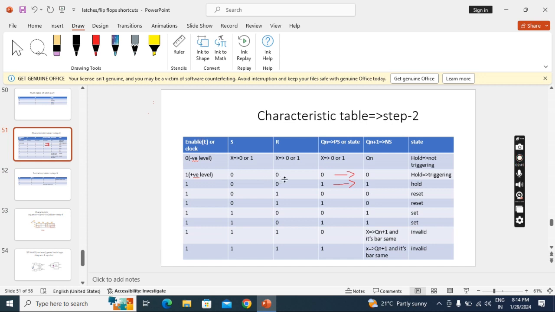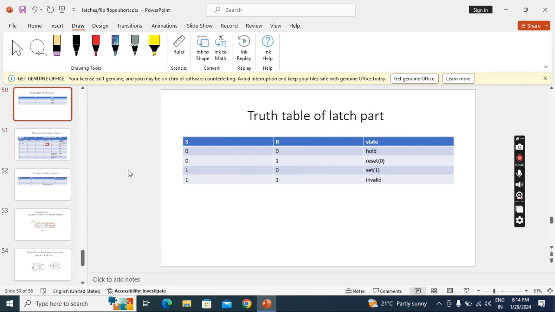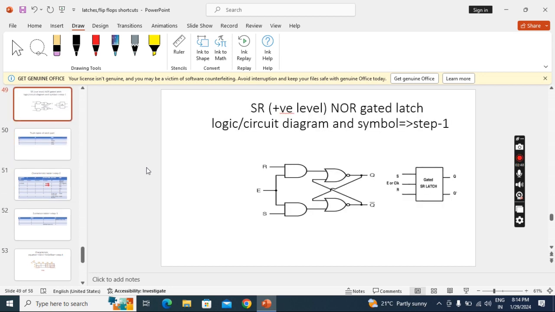Suppose I apply 0 0 and with positive level the clock is 1. Then what will happen here? I am applying 0 0 and this is 1. If any input is 0, the AND gate output becomes 0. So what is going to the NOR latch? 0 0 is going.